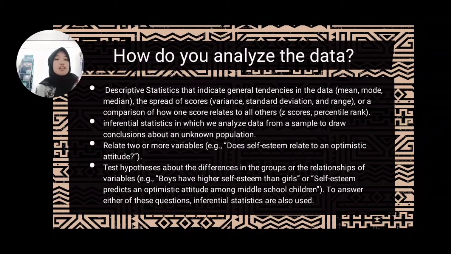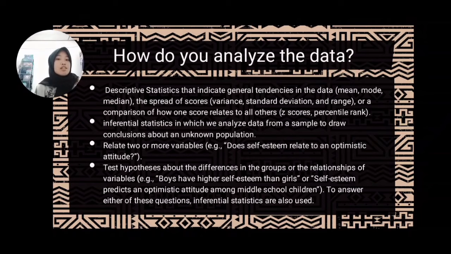And the second, inferential statistics, in which we analyze data from a sample to draw conclusions about an unknown population. And the third, relates two or more variables, e.g. self-esteem relates to an optimistic attitude.